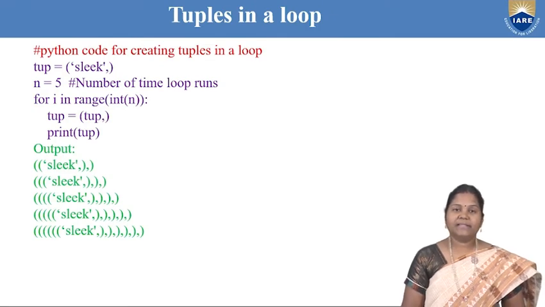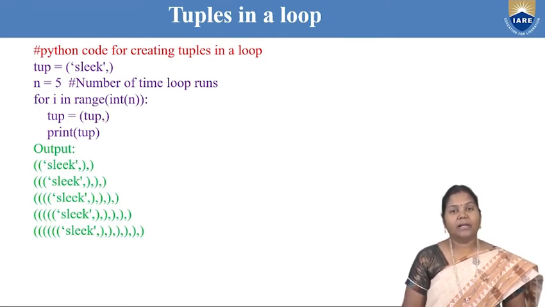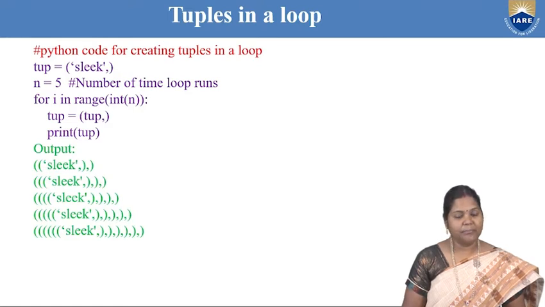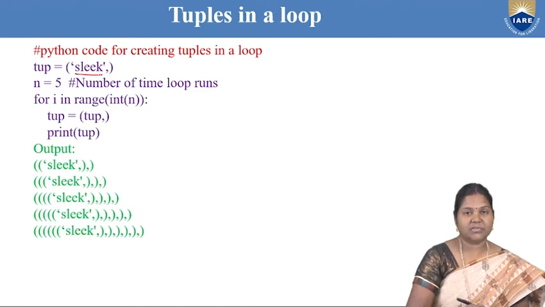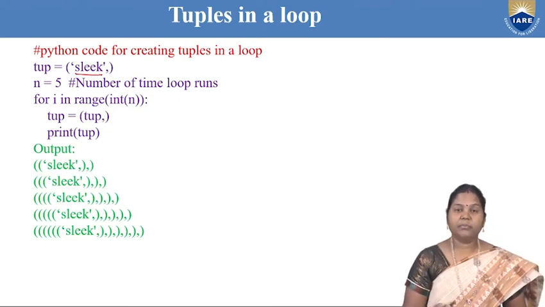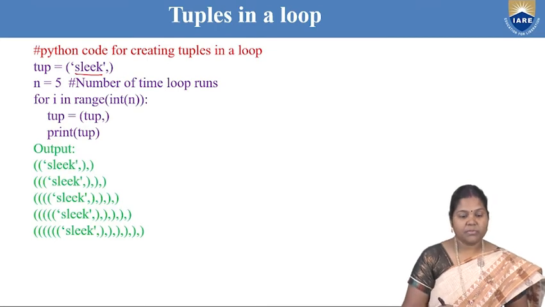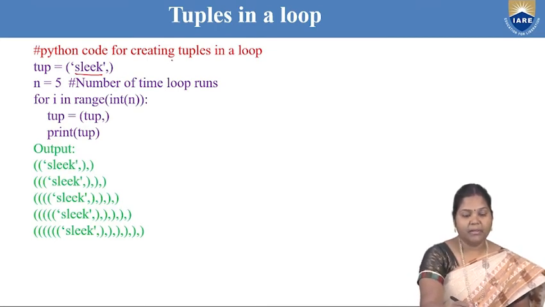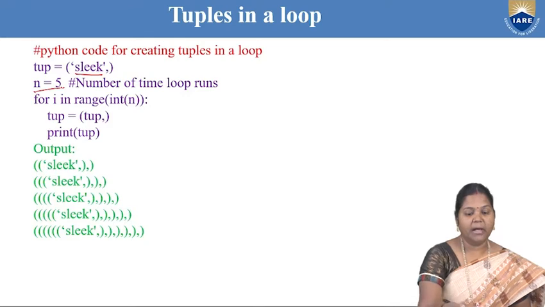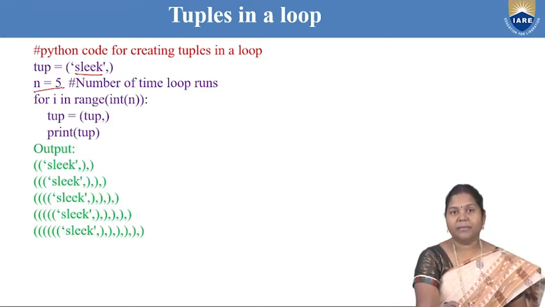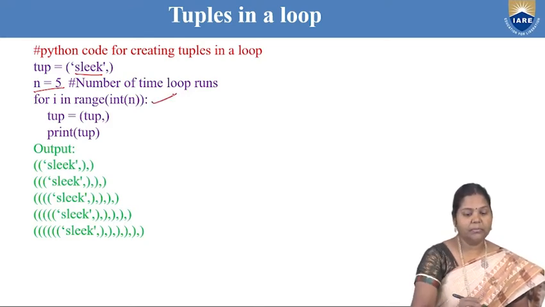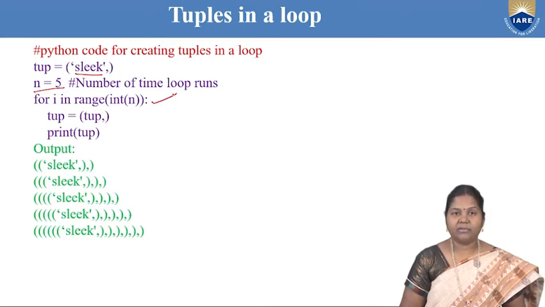Now next example is how to write tuples in a loop. For example, there is a tuple containing one element that is a string, sleek. Suppose I want to run my loop 5 times and display the content of the tuple. Now n is equal to 5, so write the loop for i in range of n.